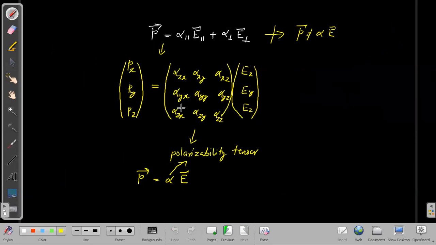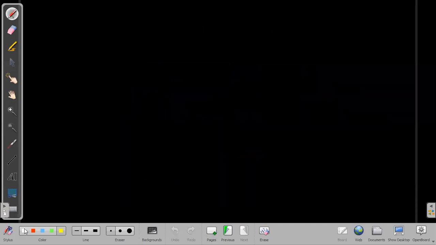The values of the components of the polarizability tensor depend upon the molecule. It is the characteristic of the molecule.